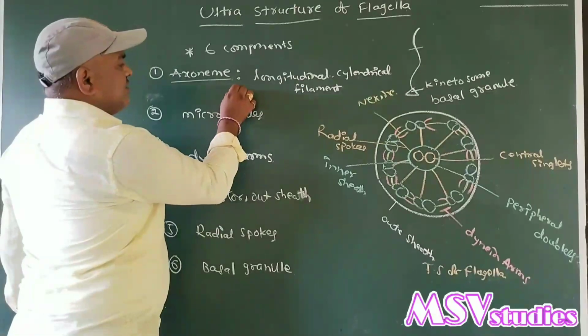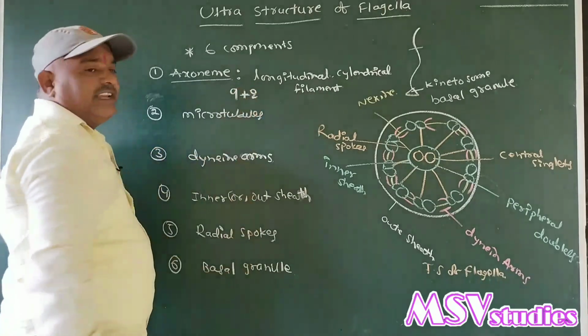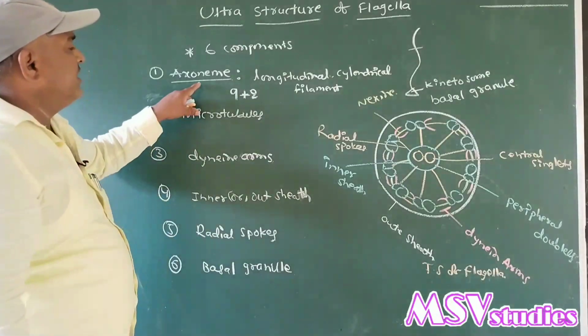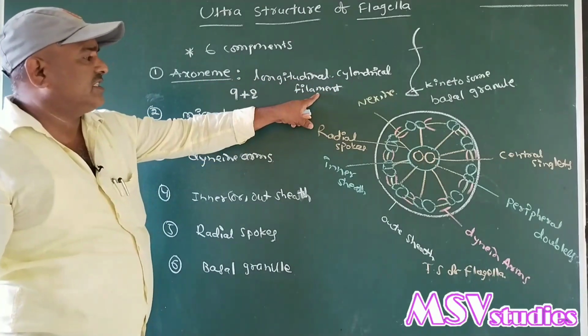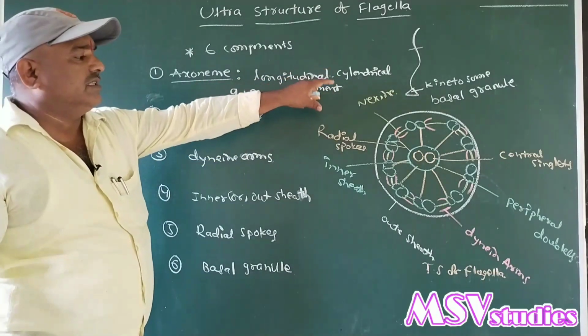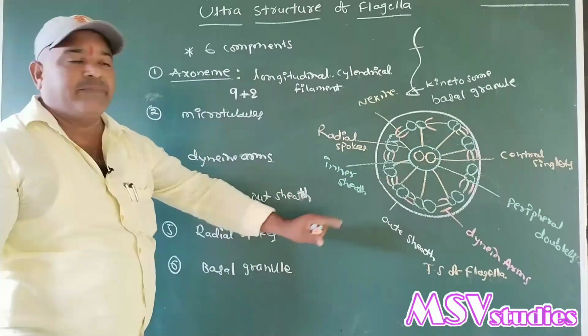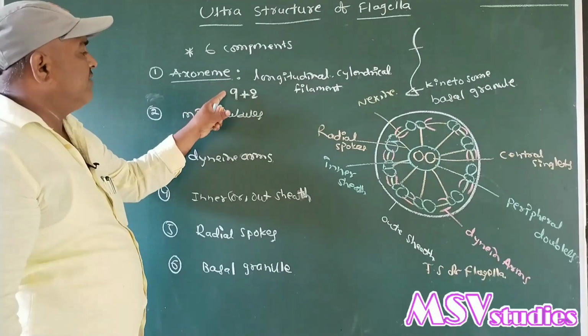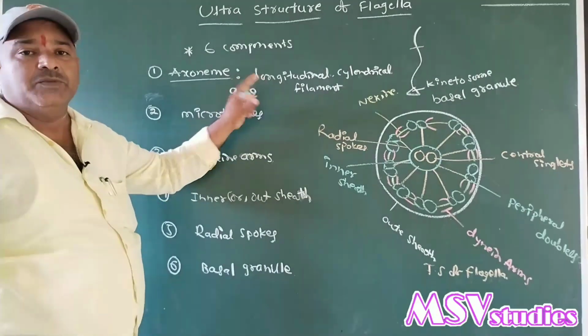It consists of a 9+2 arrangement. It is covered with the outer sheath, which is an extension of the plasma membrane, and it has the 9+2 microtubules.